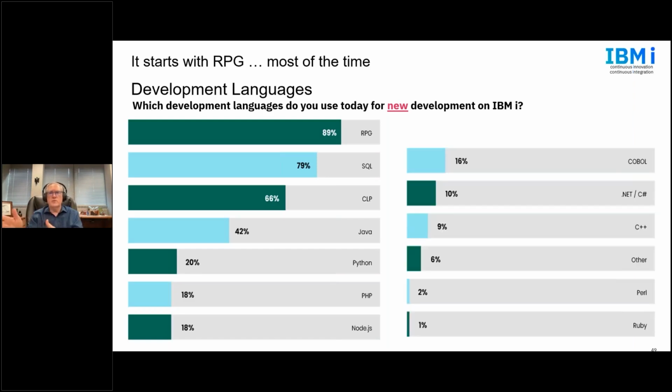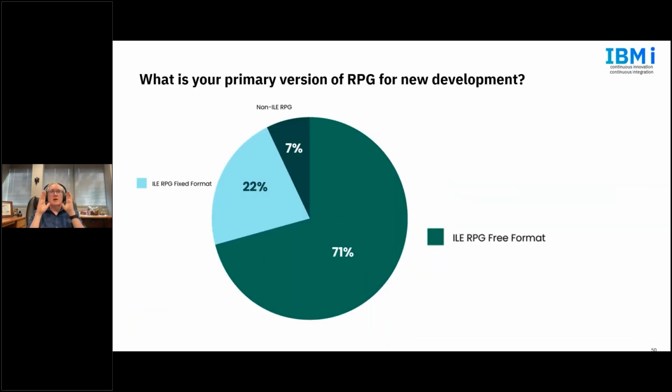Now we do have other languages, and we have to support those languages as well. But if we're going to do something for the large majority of our clients, we've got to start with RPG. Even if that wasn't the answer that other platforms may have come up with, for us, we've got to start with RPG.